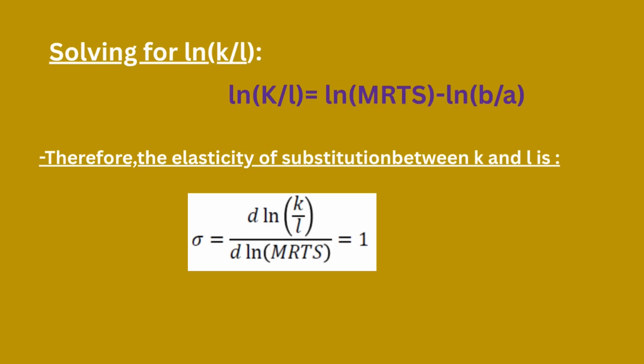And look at our equation. ln K/L is a linear function of ln MRTS, which shows the slope is 1. So the derivative of a variable with respect to itself is always 1. Therefore sigma equals 1, and it's straightforward.